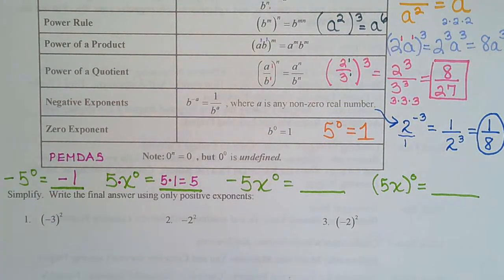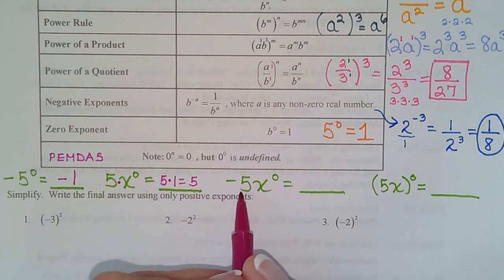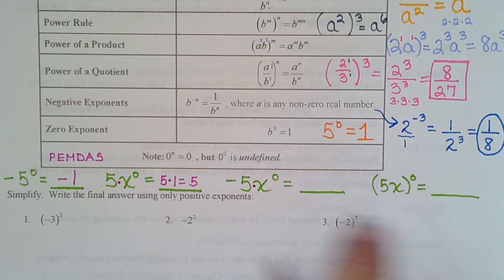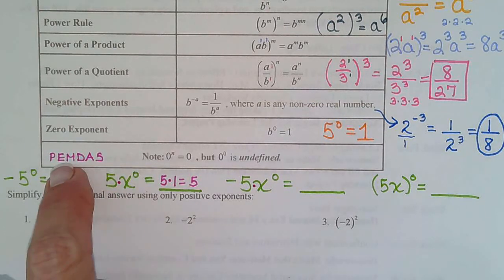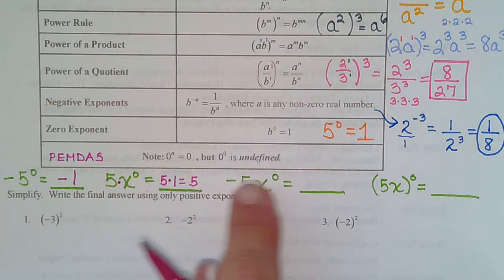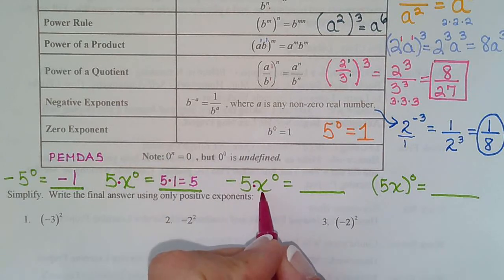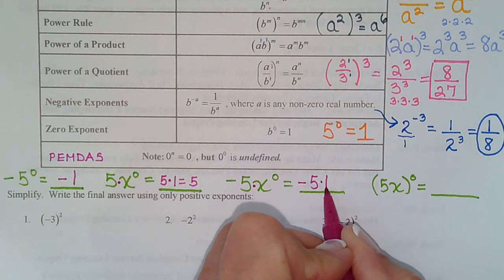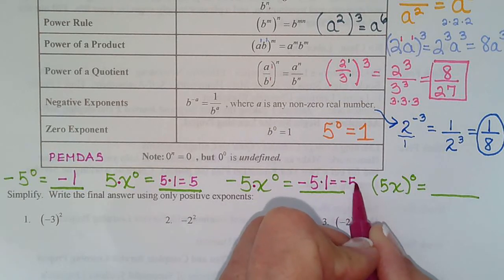So see if you can do those last two. Shut off your video, get an answer, turn it back on, and then you can check. So this is negative 5 times 1. Again, exponents come before multiplication, so don't multiply those. First you do this. So negative 5 times 1, negative 5.